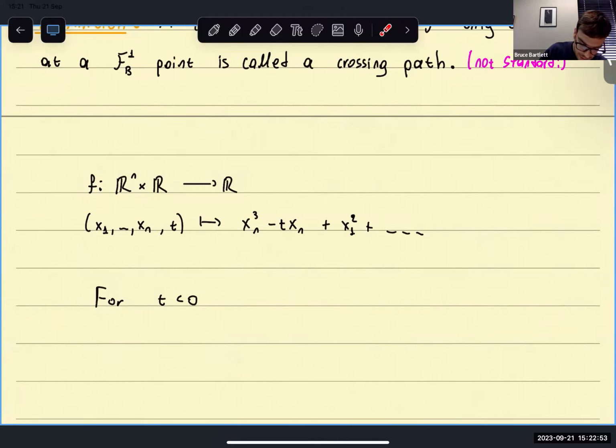If you take the partial derivatives, that's going to be 3 x1 squared minus t. If you want to force that to be 0, you can't have it be 0 if t is less than 0. So for t less than 0, no critical points.